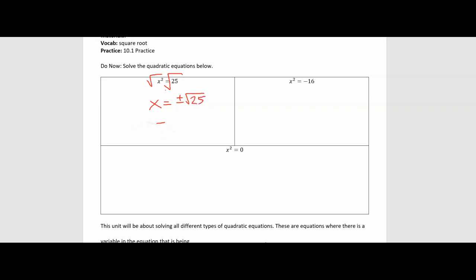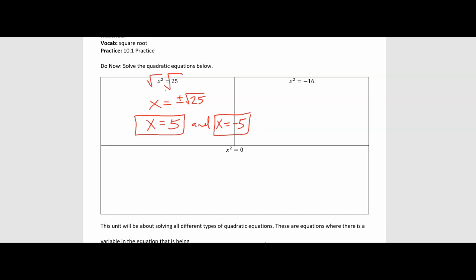We're going to have a positive solution and a negative solution. In most cases. There are some cases where we only get one, and we'll talk about that a little later. So we end up getting x is equal to positive 5 and x is equal to negative 5. So there's actually two solutions to this equation.